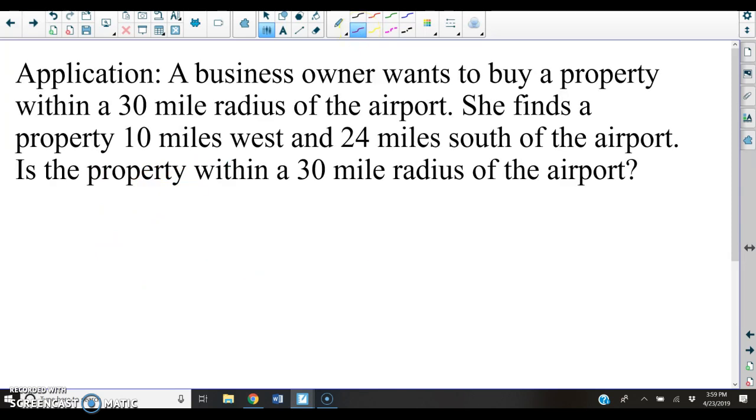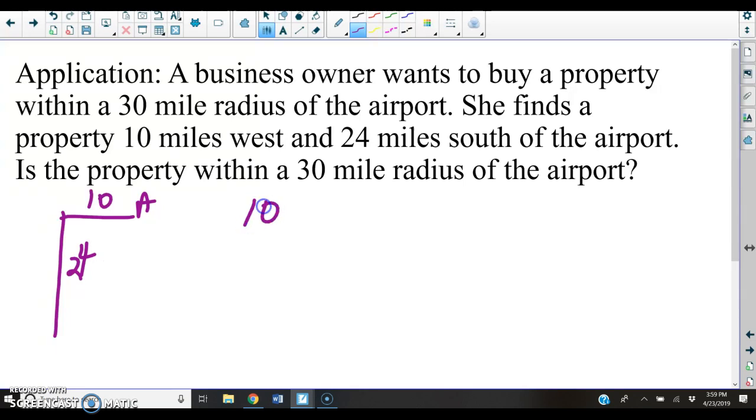A business owner wants to buy a property within a 30-mile radius of the airport. She finds a property 10 miles west and 24 miles south of the airport. So here's our airport. She's 10 miles west and 24 miles south. Is she within the 30-mile radius of the airport?